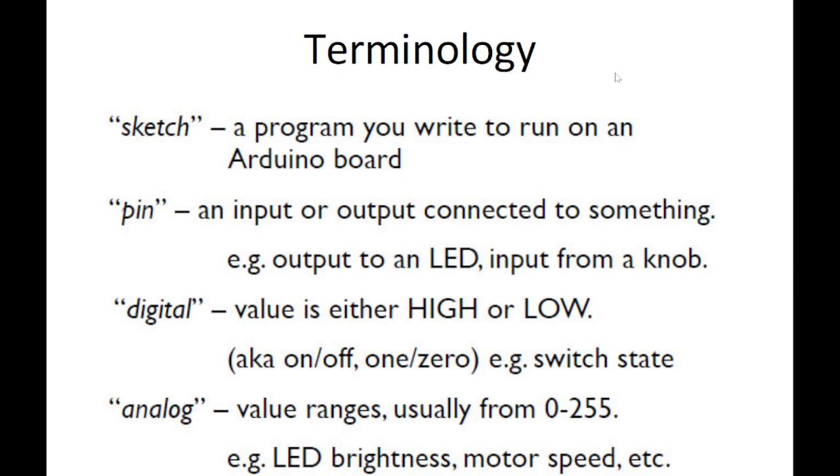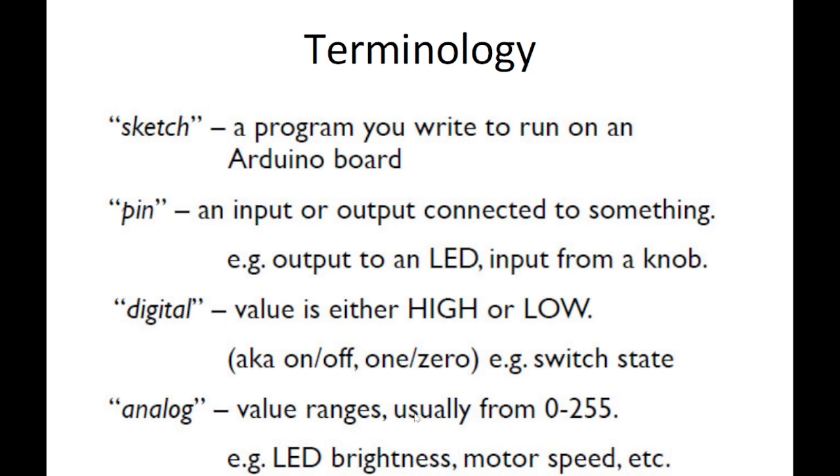And what are the relevant terminologies? An Arduino program is called a sketch. A pin can be set up as an input or output. Digital value is either high or low, also called on and off, or 1 or 0, or a kind of switch state to make the switch on and off.